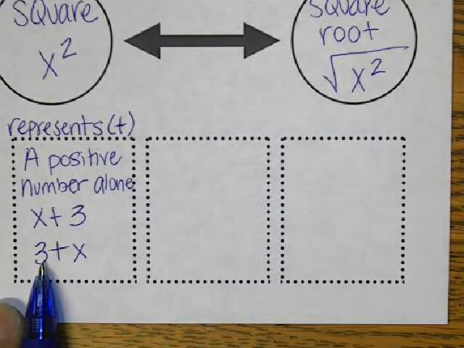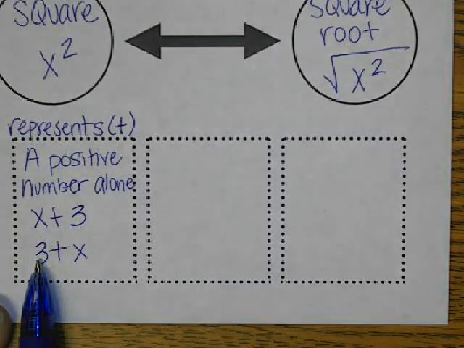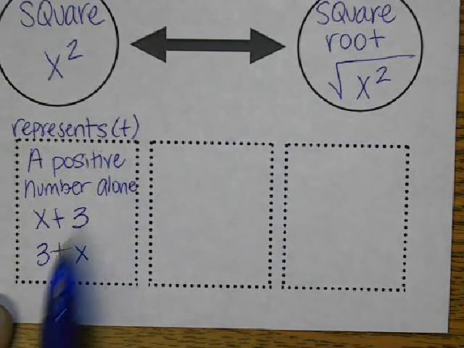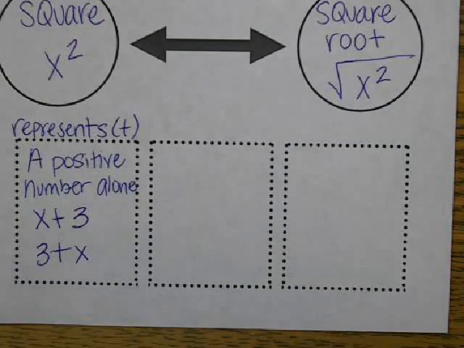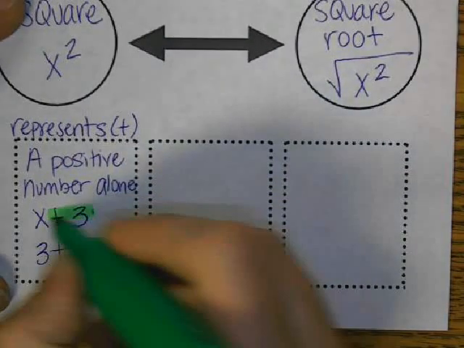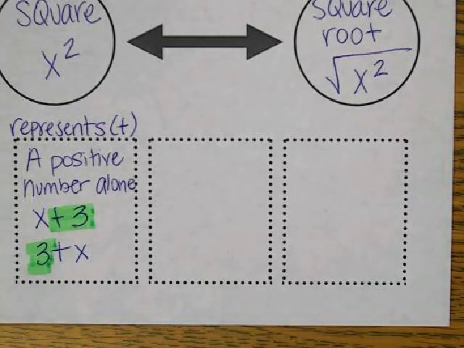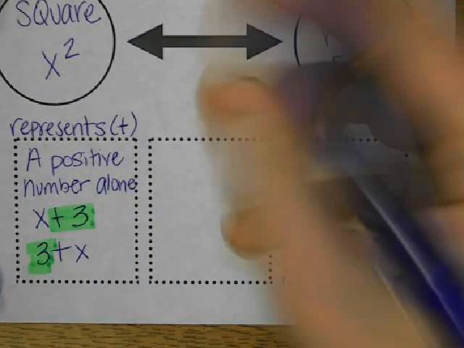Either way, that means I'm adding, because the 3 is positive. So in both cases, to undo, I'm going to do the opposite of positive 3, which would be negative 3 to both sides.